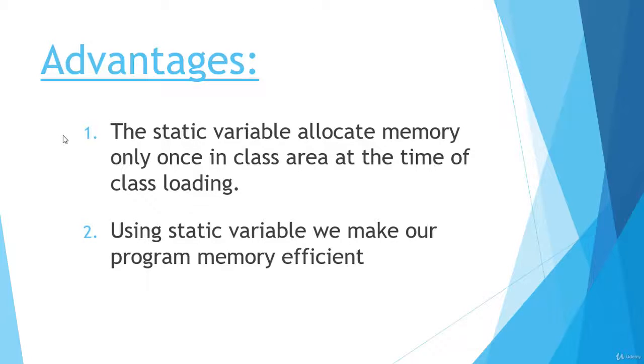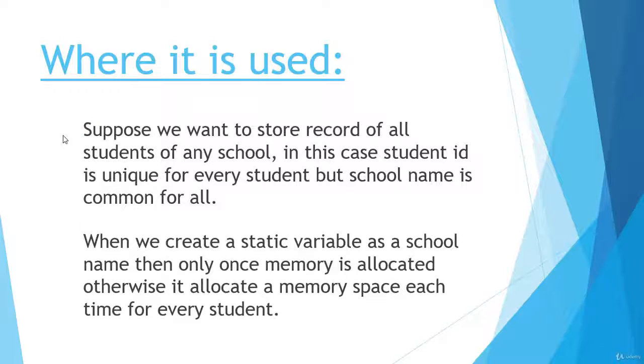Let's discuss an example of where it is used. Suppose we want to store records of all students of a school. In this case, student ID is unique for every student, but the school name is common for all. When we create a static variable as school name, memory is allocated only once, otherwise it allocates a memory space each time for every student.